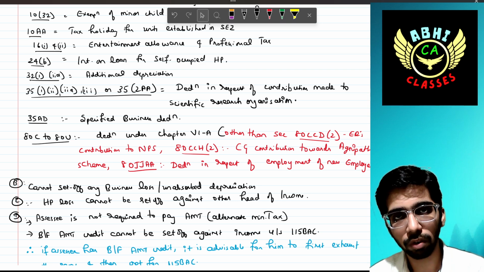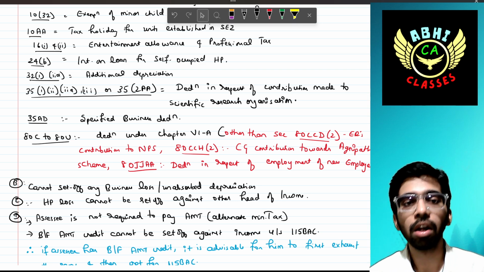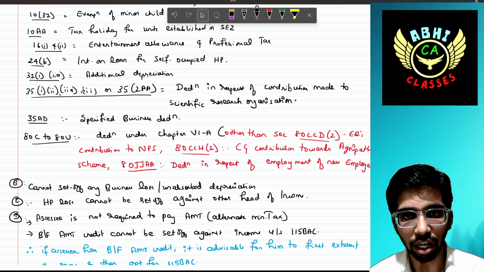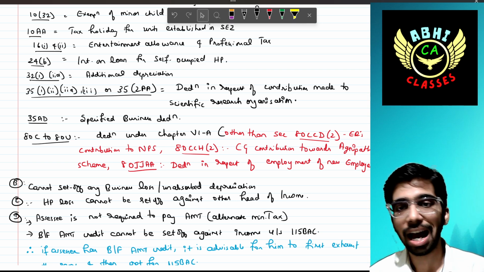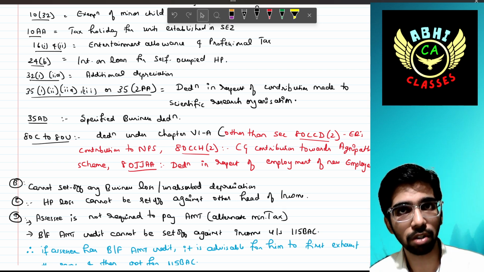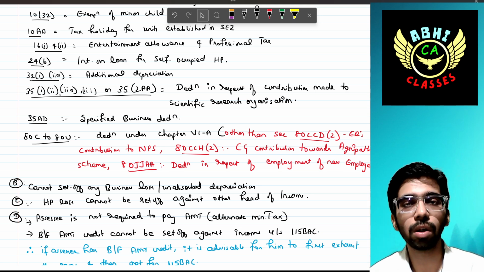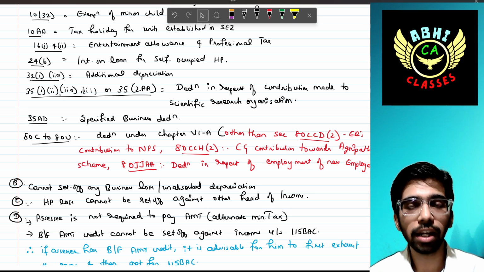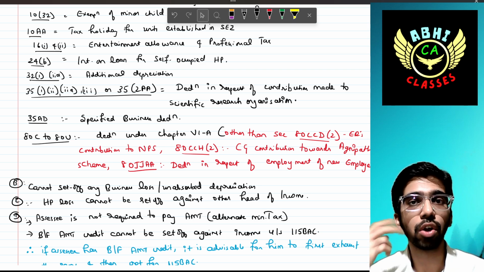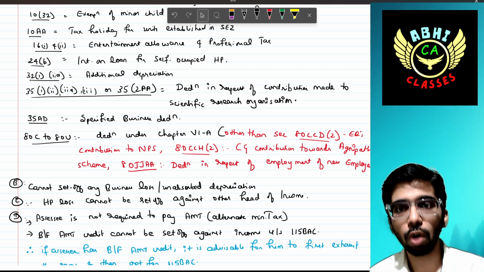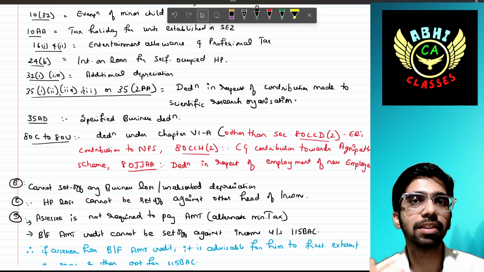80C to 80U, this we'll discuss in the deduction chapter. Deductions under Chapter VI-A, other than, this is important, other than section 80CCD(2), employer's contribution to the NPS, that is National Pension System, and 80CCH(2), that is central government contribution towards the Agnipath scheme.